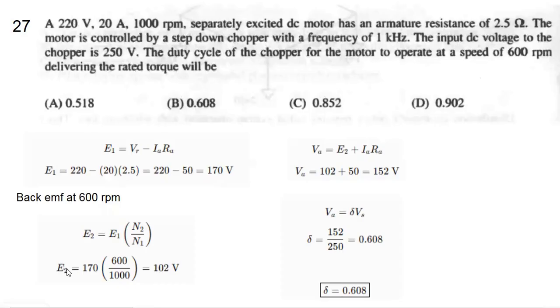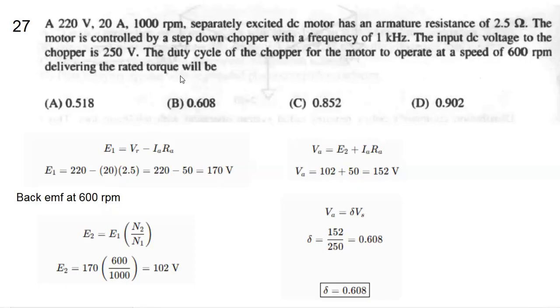Now for this back EMF, we need to find out the armature voltage. So VA can be written as E2 plus IA RA, and we can take IA equal to the rated condition itself, because it is given that the motor operates at the speed of 600 RPM delivering the rated torque.